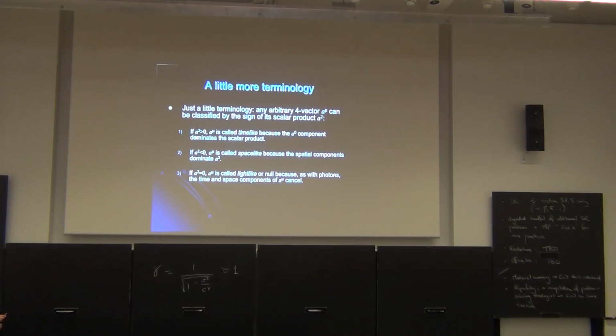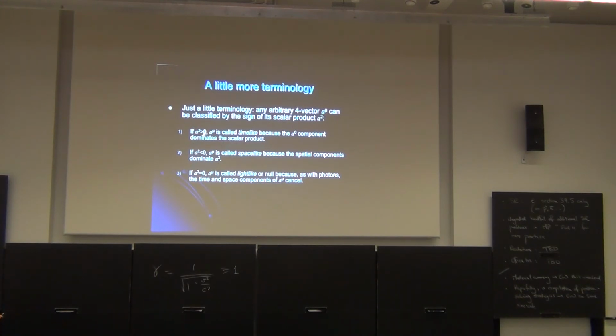If the quantity is greater than zero, if you think about the definition of it, it was the first component, which is time-like, even though it's multiplied by the speed of light to become a length. So if this is positive, it means the time component dominates the three spatial components, because I've got the time component squared minus the three spatial components squared.